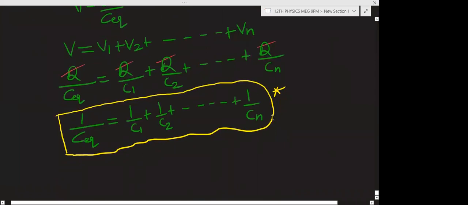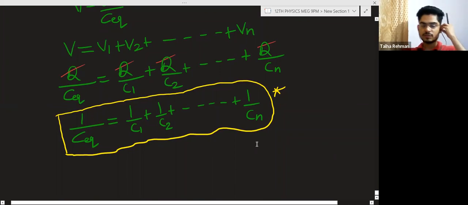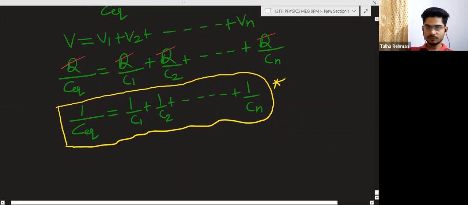Yes. Okay. So in the series combination of capacitors, the equivalent capacitance is calculated like this.